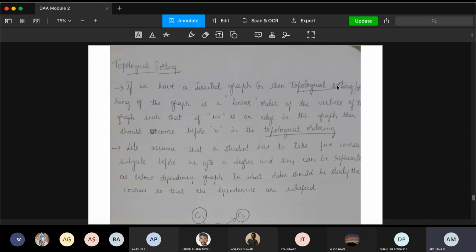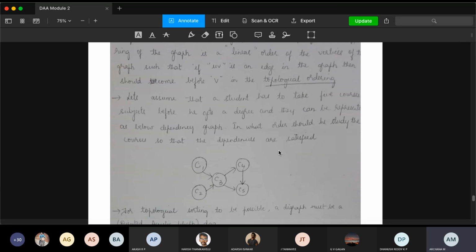Let us assume that a student has to take 5 courses before he gets a degree, as in the dependency graph below. In what order will he study the courses? For example, C1 is course 1, then course 2, course 3, course 4 and course 5.